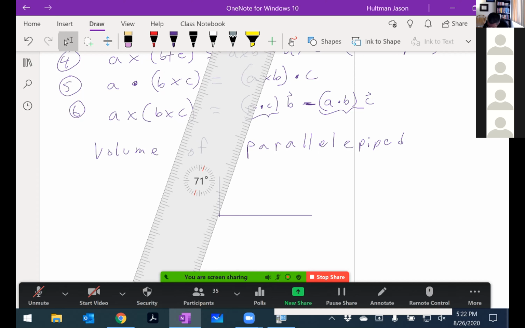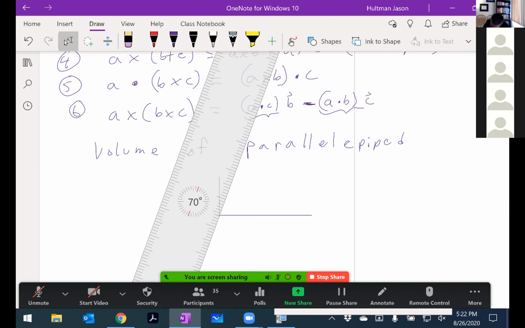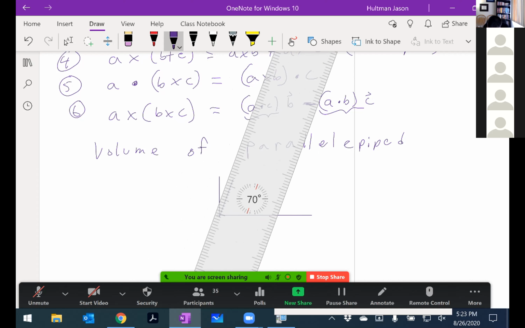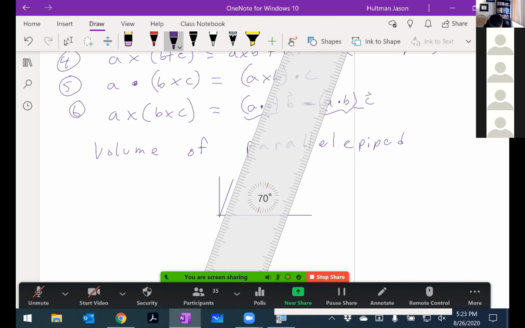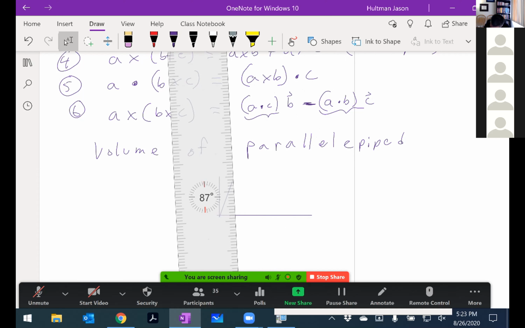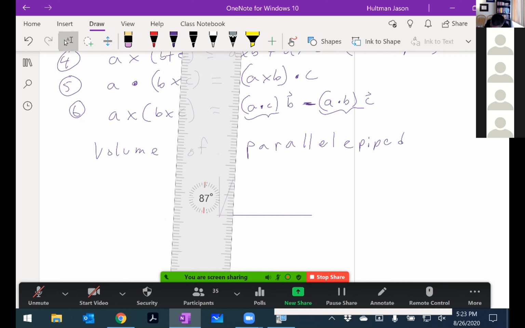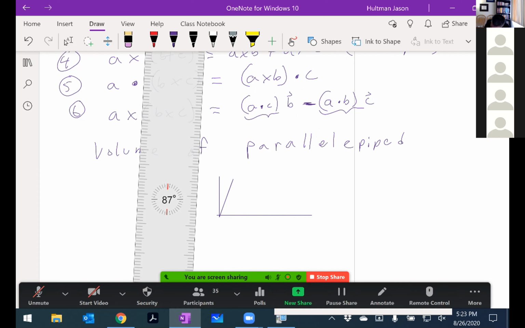There we go. 70-degree angle here. I'm going to have another 70-degree angle down here. Maybe I should have let these be axes. I'm gonna get rid of this one.